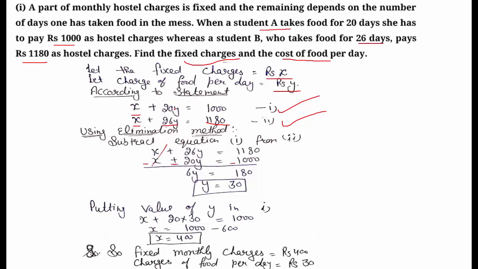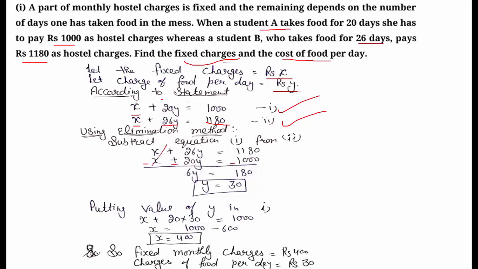If we use substitution here, this will be very easy. But here the x coefficient is already the same, so elimination is also best. Here two methods are best, substitution and elimination. Students, I am repeating, avoid the use of cross multiplication method. Until and unless you are asked to do it by cross multiplication, you do not have to apply it. Just go for substitution or elimination method.